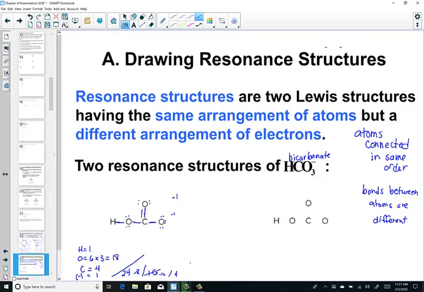Now let me repeat why I didn't put double bonds here. I'm just going to draw something wrong and then tell you why it's wrong. A moment ago I had 2 sets of dots, and I put 1 bond here leading up to this oxygen. Well, why didn't I just put a bond here instead of another set of dots?